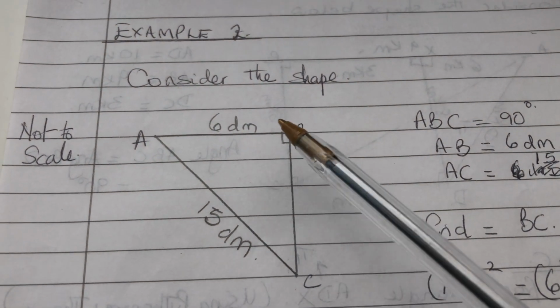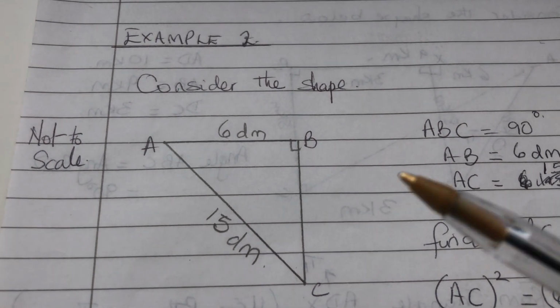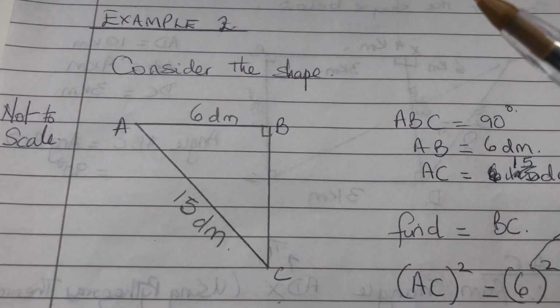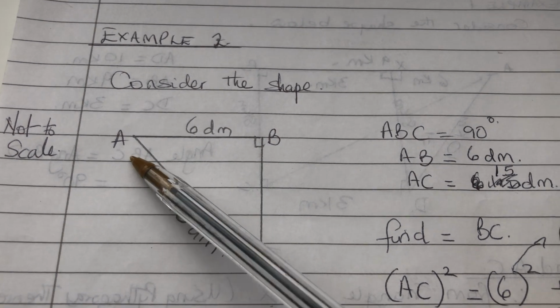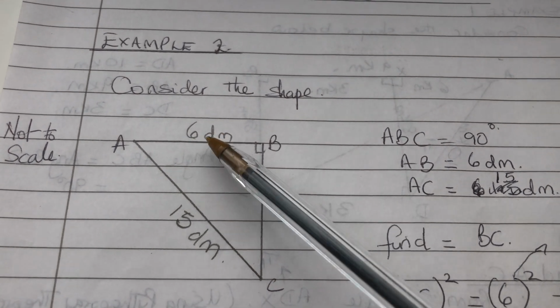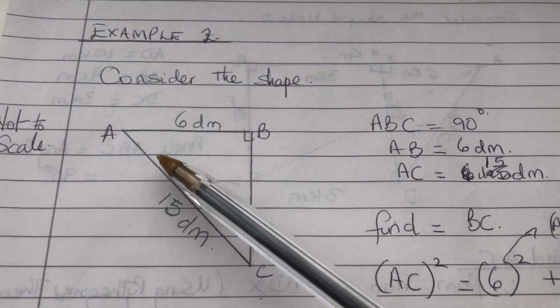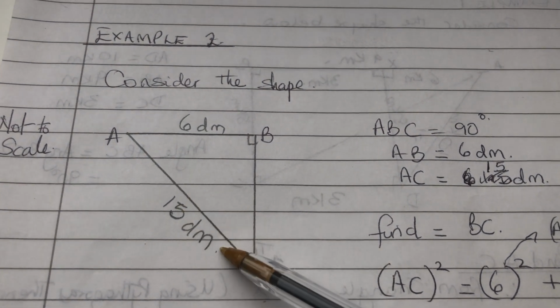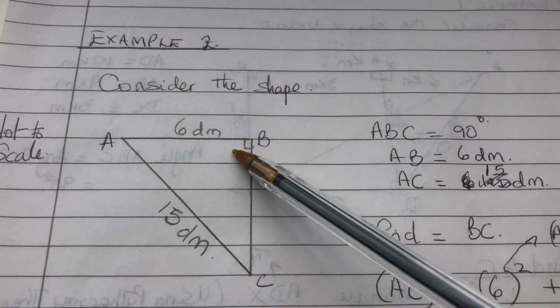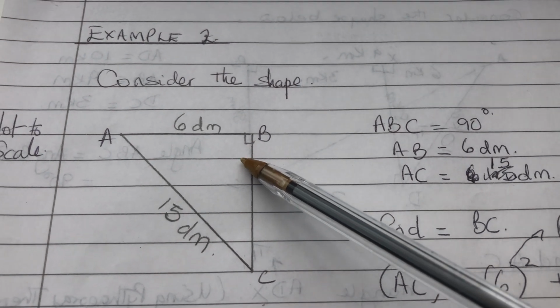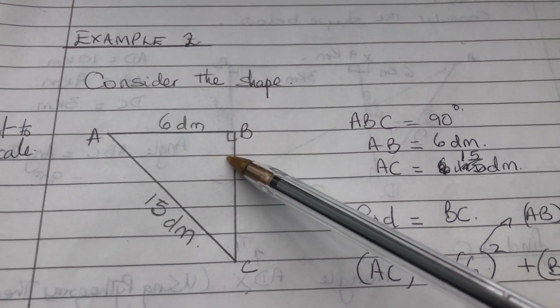Here we have A, B, C, and this is straightforward. It's still not to scale. We have AB, which is 6 decimeters, AC, 15 decimeters. Normally they use meters or kilometers or centimeters.